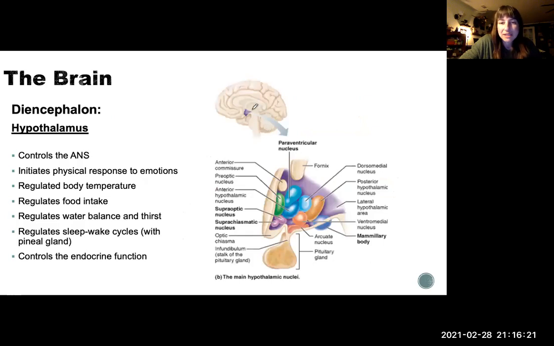Here's our hypothalamus, which again is below the thalamus, right? All of these funny little blobs are basically just different regions of neural tissue, right? This structure, the hypothalamus, is going to control your autonomic nervous system, which you might recall is the part of your nervous system that is involved in your involuntary functions.